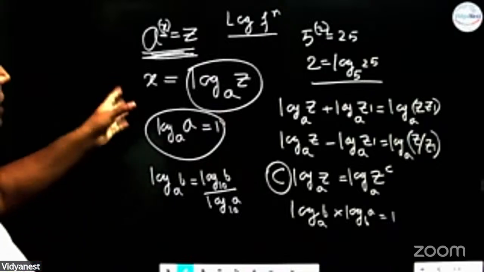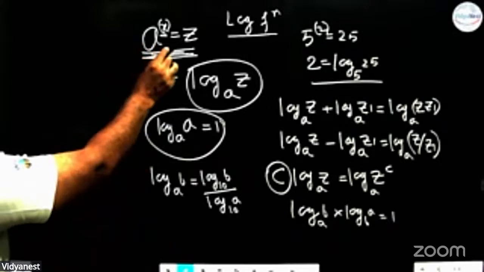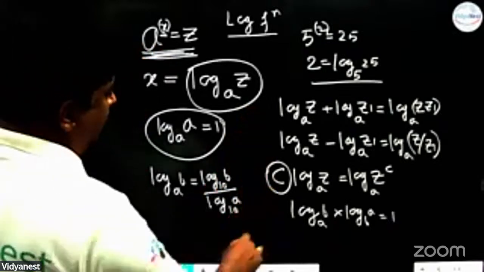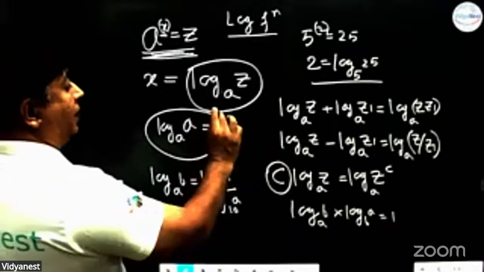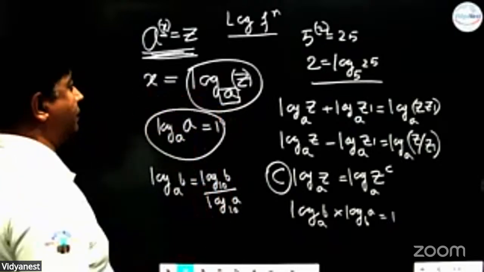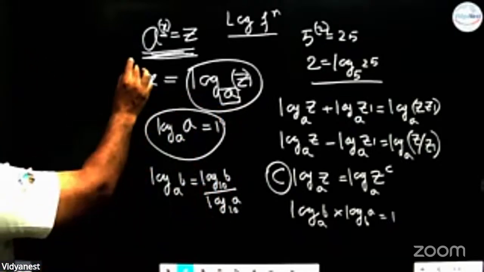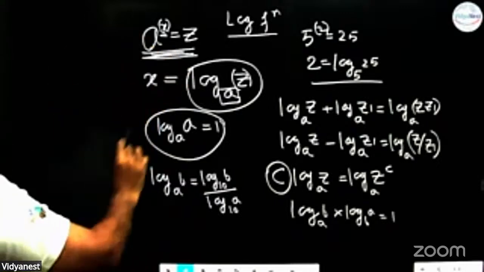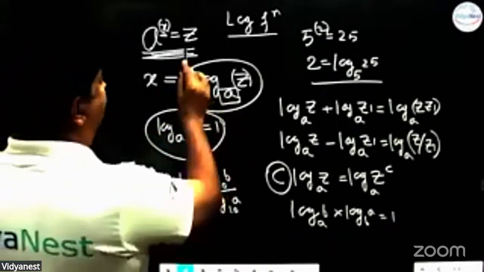Now, few things to be remembered, that a to the power x is z. So, these formulas are to be remembered in log, and there must be some relation between exponent and base. What is that? See, a to the power x is z, this z cannot be negative.